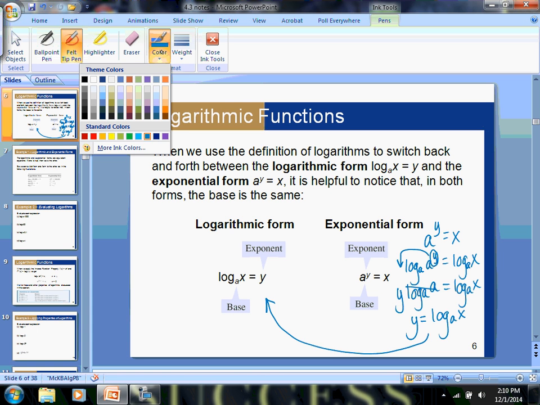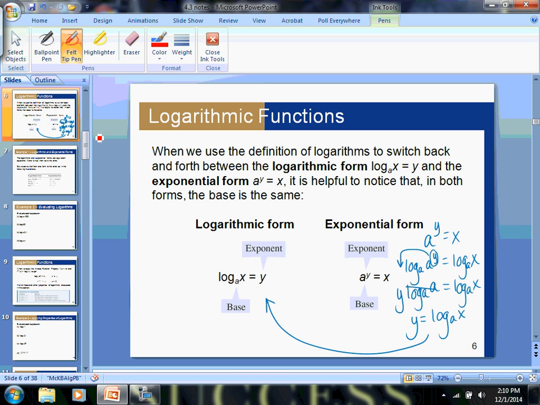How we're going to do that is what I like to call the circle method. It's not really a complete circle, but if you look at the logarithmic equation and then the exponential equation, you can see that to convert a logarithmic equation into an exponential one, you start with the base, and then raise it to the power of y, so we have a to the y, and then set it all equal to x.